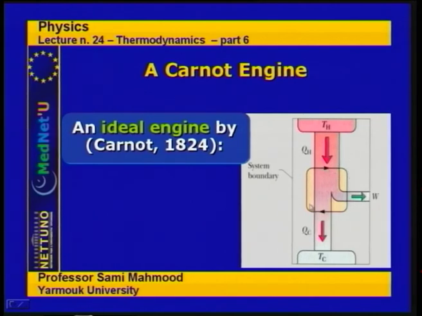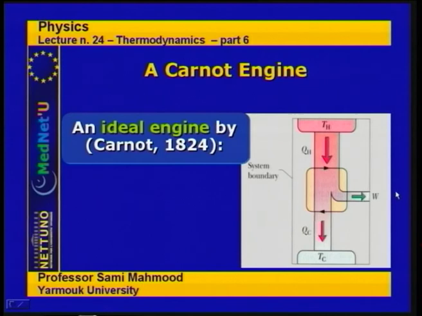a working substance right at the center of the engine, and this cycle, a closed cycle with these arrows, indicates that the system goes through a cyclical process, and the engine extracts energy Q sub H from the high temperature reservoir, which is at T sub H. It extracts this energy.